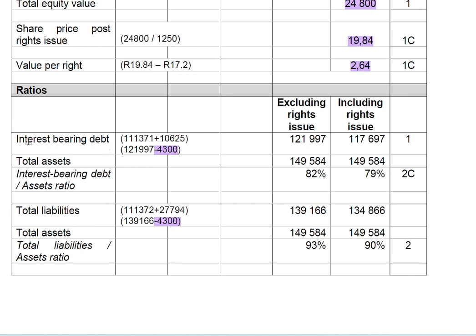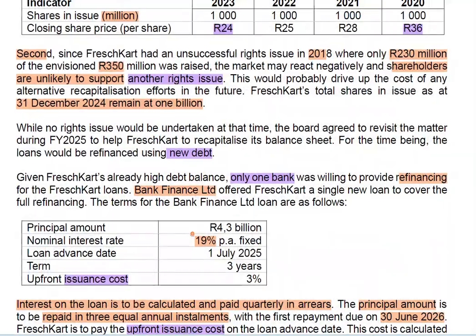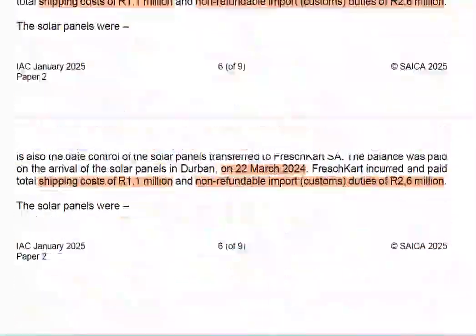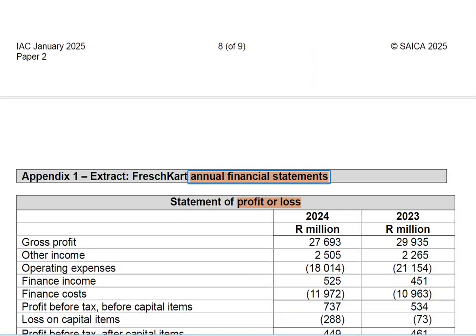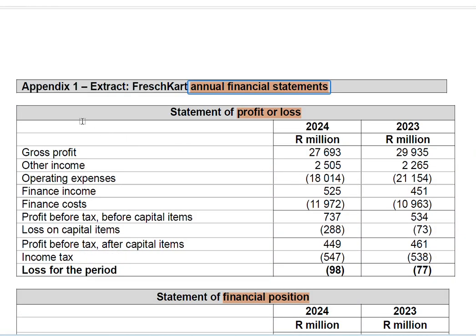Now, the interest-bearing debt will be the liability that is provided in the scenario. Let me just remind you of the amount. I'm just going to bring in our appendix. In this appendix, we were provided with the profit or loss and the financial statement.